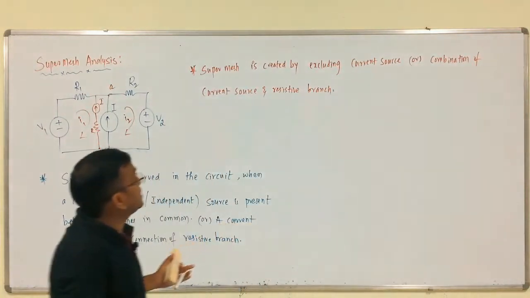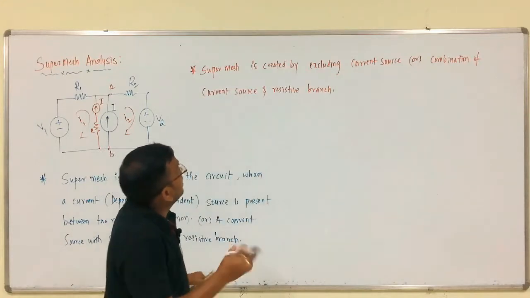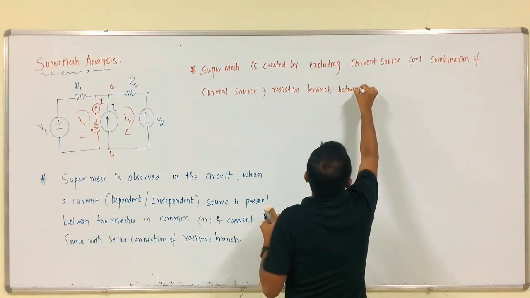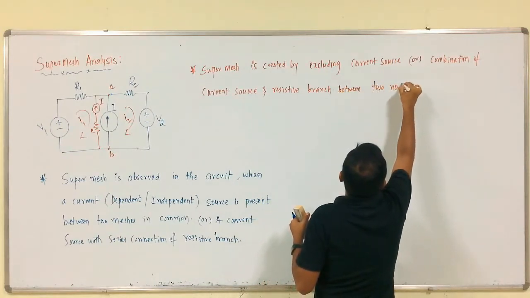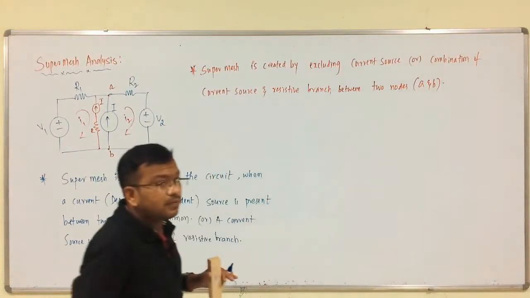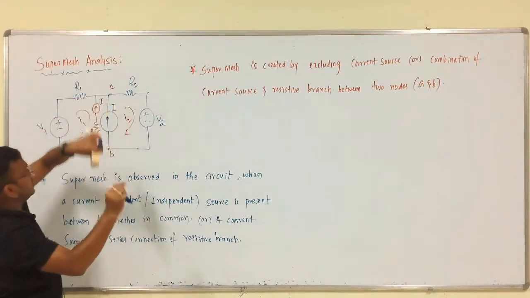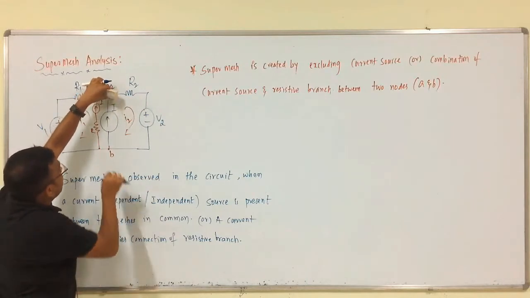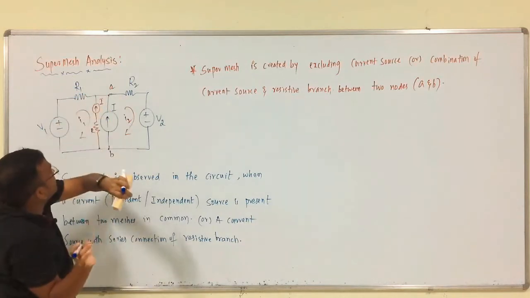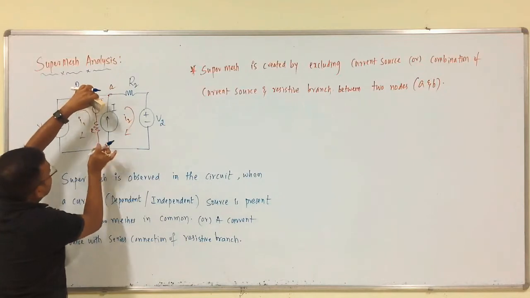That is it. A super mesh is created by excluding a current source or a combination of current source and resistive branch between two nodes A and B. Simple, we have to exclude the branch between A and B, that is it. Means we have to remove this branch between A and B. If we have a current source alone, simple, we remove this branch, or if we have a current source in addition with a resistive branch, simple, we remove this branch, that is it.